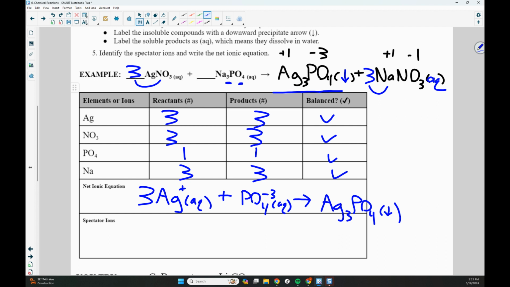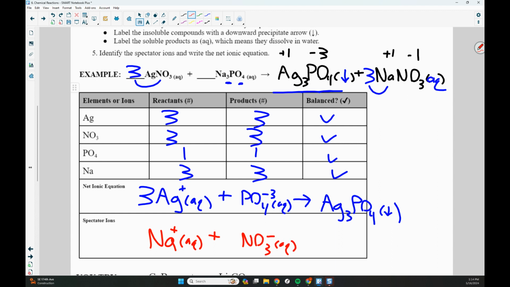All the other components in the equation that we wrote do nothing. They just sit there and spectate. So those are the spectator ions, and they are, I'll make these red, sodium with a +1 charge and nitrate with a -1 charge.